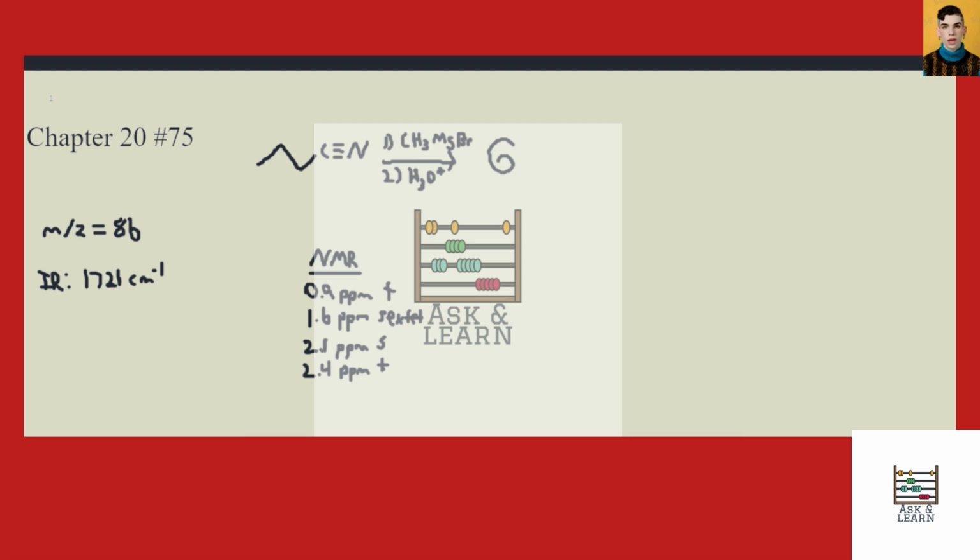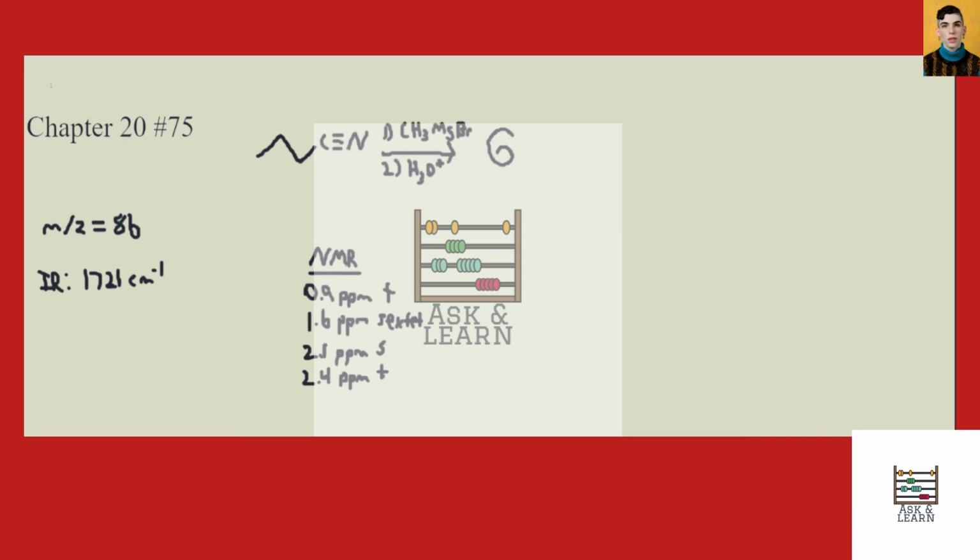Okay, with an m/z of 86, there's an oxygen in here, so that's going to account for 16. That leaves us with 70. I'm going to say that this is C5, so that's 5 carbons, or 60 mass units.